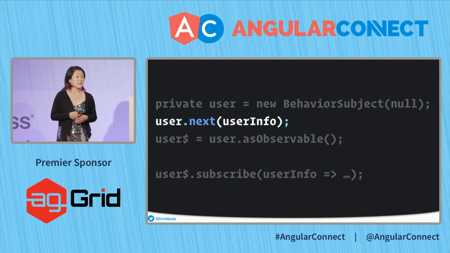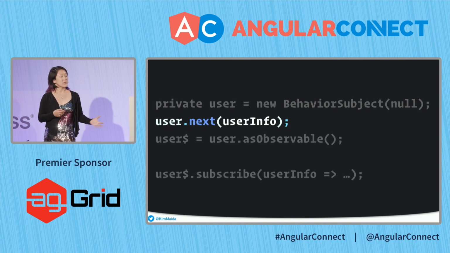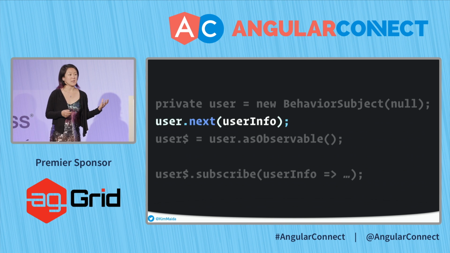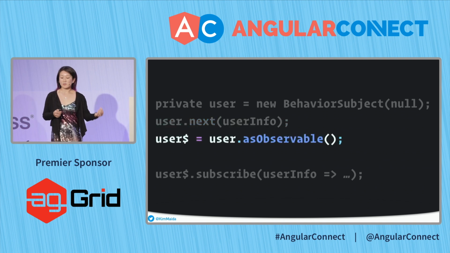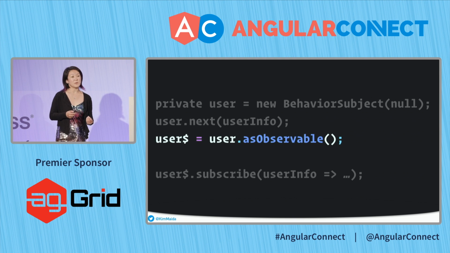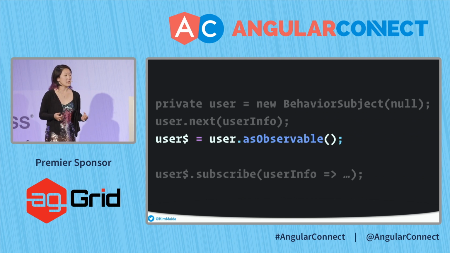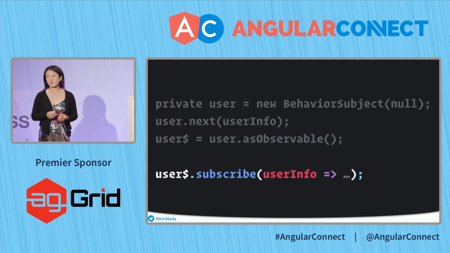And then when this data changes as a result of authentication events, then we can use the next method to emit new values from this user stream. And then, because our behavior subject was private, we can publicly expose it as an observable to the rest of our application, which allows us to subscribe to it and then react to changes.